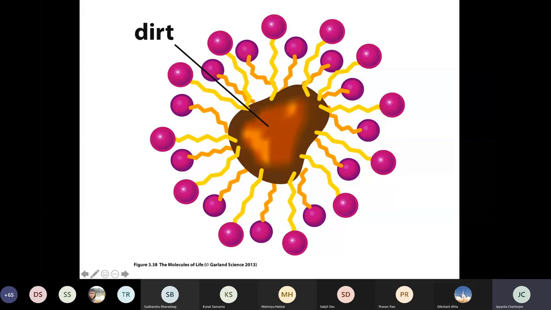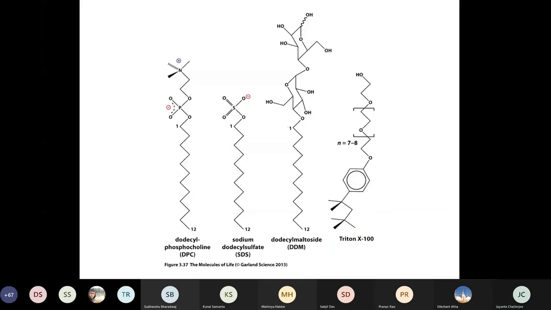In the last class we were talking about detergents, and just for a brief recap: detergents are primarily molecules which are extremely ionic in nature, meaning their head group is pretty ionic, and their tail is as usual pretty hydrophobic.